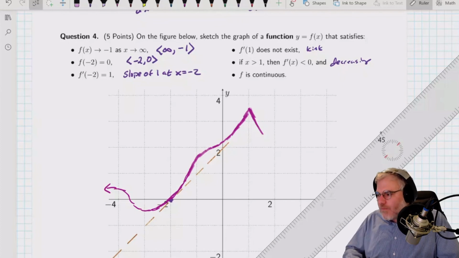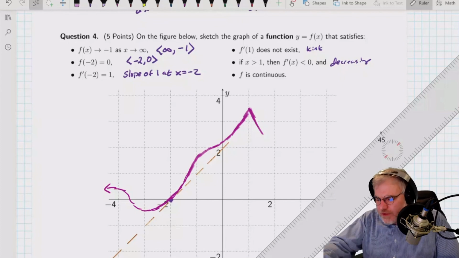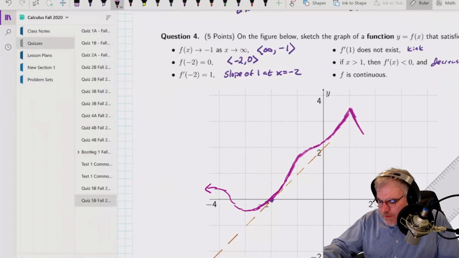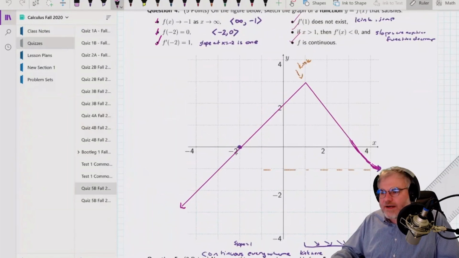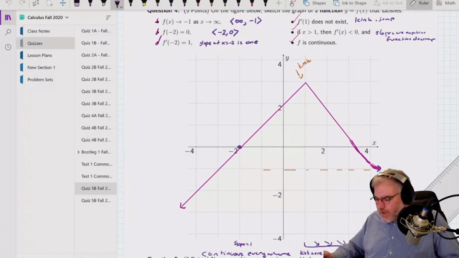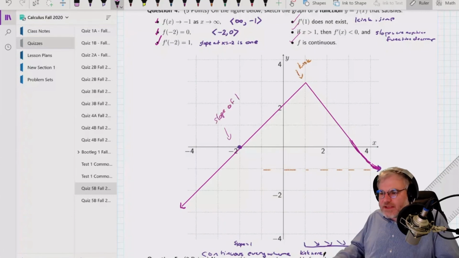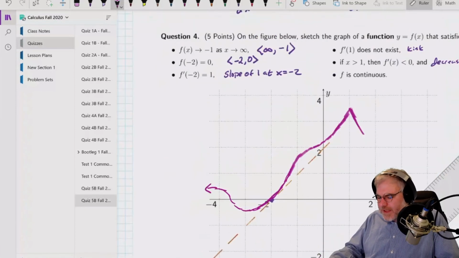F prime tells me the slope of the tangent line. Now I can make it 1 if you look at this morning's notes, right? I made it 1 there. That's 1. Nice slope, right? Slope of 1. That is a perfectly legitimate way to do it. This is just me feeling like it.